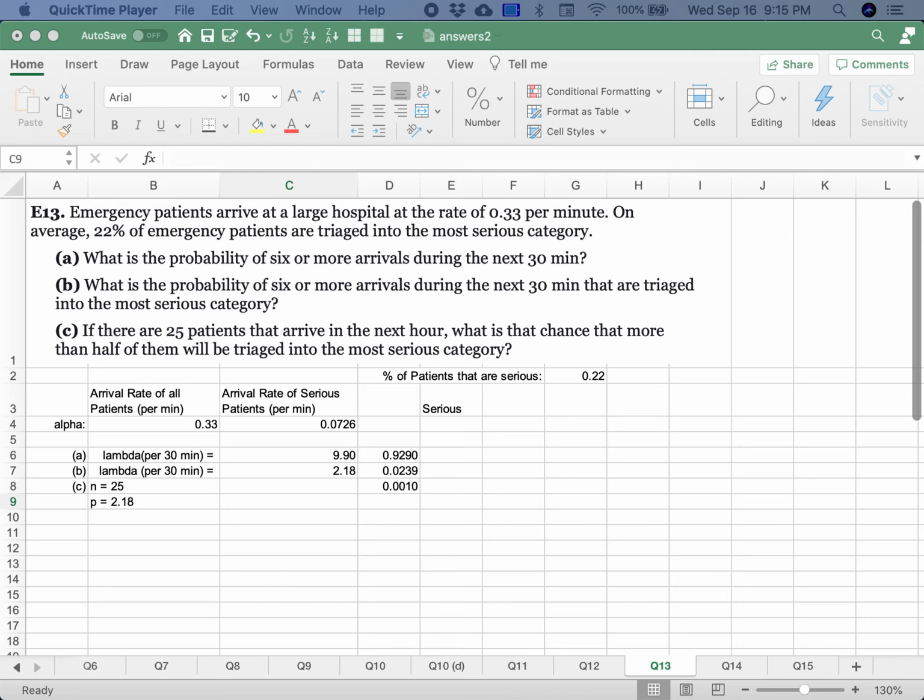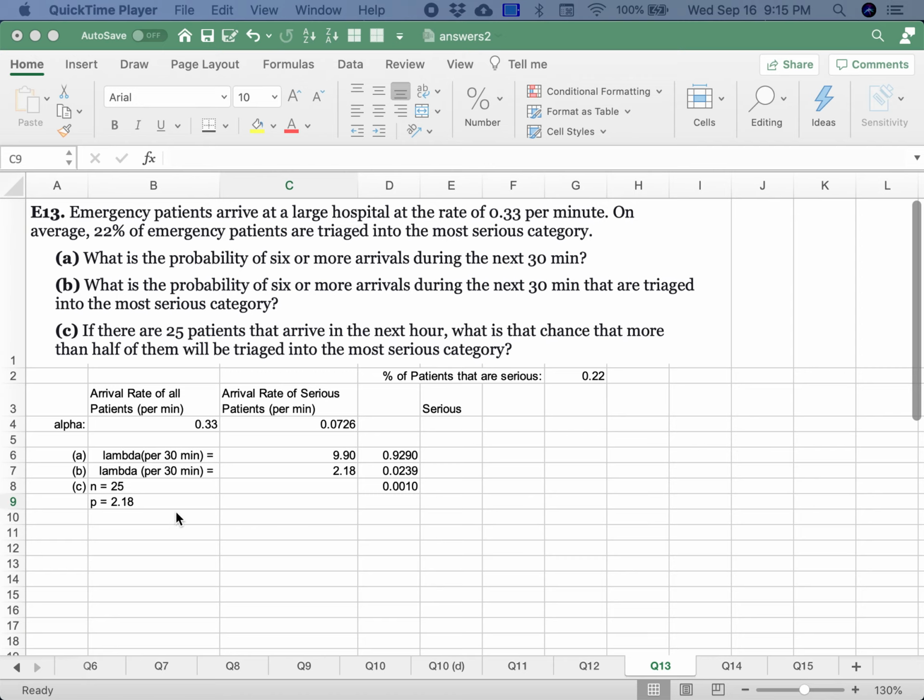Okay, so the first part asks, what is the probability of 6 or more arrivals during the next 30 minutes? The key thing to look for there is the next 30 minutes. So we're going to have to change that alpha that we were given. We were given an alpha of 0.33 patients per minute. We have to change that to a lambda by multiplying that by 30 minutes.